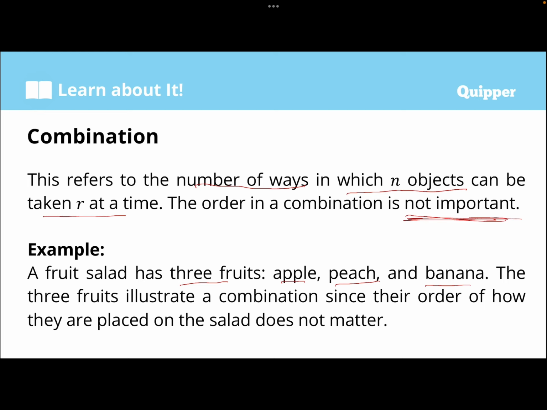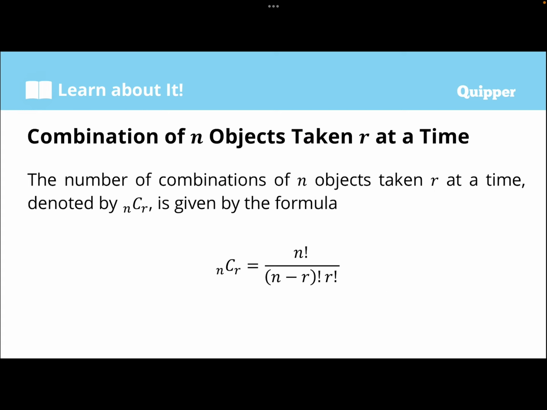Do you think it will still make a fruit salad? Of course, right? Even if the peach goes first, or the banana, the apple, or the fruit cocktail, or the milk, still, when you mix them, the result is a fruit salad. So again, when we say combination, the order does not matter.